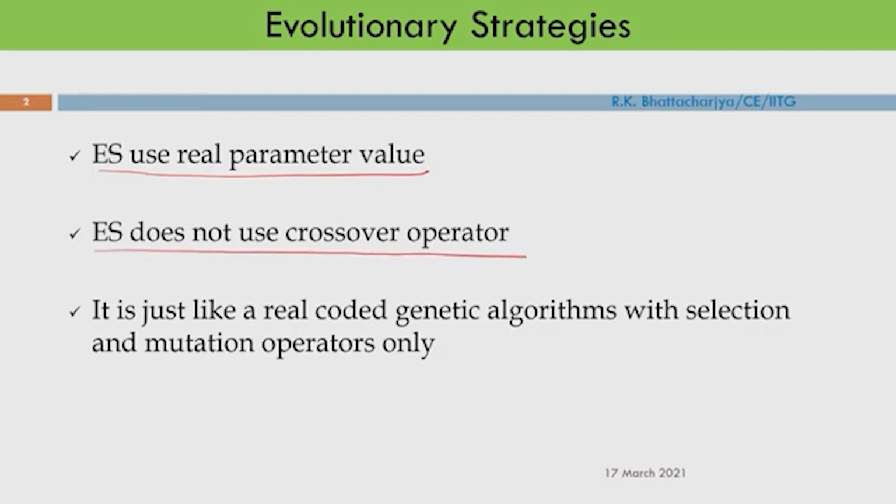There is no crossover operator in the case of ES, and we are just using the mutation operator. So, it is just like a real coded genetic algorithm with selection and mutation operators only. Therefore, this is a very simple algorithm, but very powerful in solving nonlinear non-convex problems.